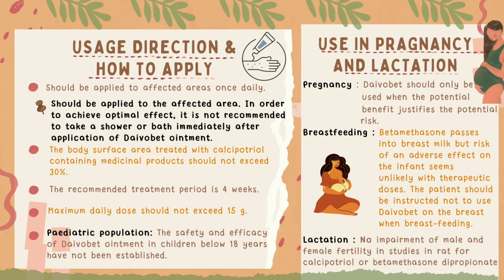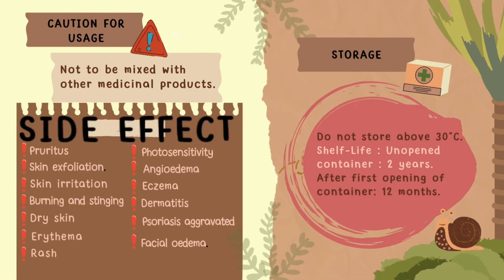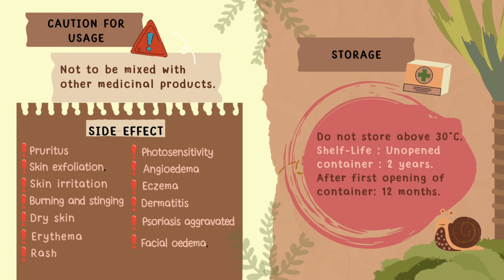The patient should be instructed not to use Divobat ointment on the breast when breastfeeding. For fertility, studies in rats with oral doses of calcipotriol or betamethasone dipropionate demonstrated no impairment of male and female fertility. Next, for caution of Divobat ointment usage, its incompatibility is that it is not to be mixed with other medicinal products.